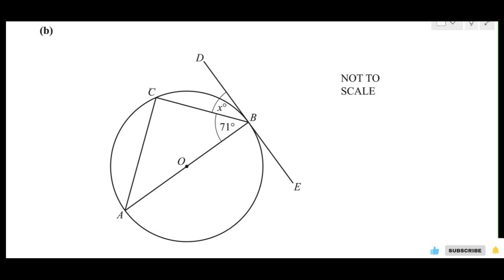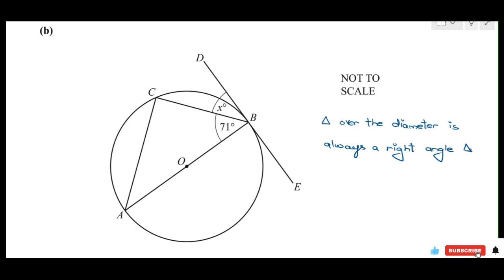The triangle over the diameter of a circle is always a right angle triangle. So any triangle which is over the diameter is a right angle triangle. And which angle is the right angle? The one opposite to this diameter. So this is your right angle.